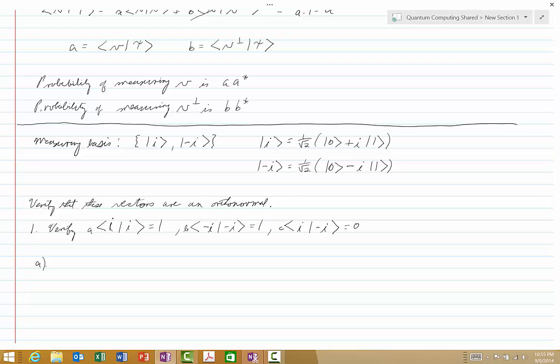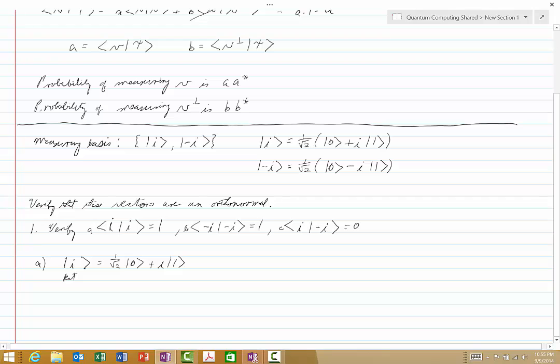Okay, the way that I want to talk about this is the following. Okay, I is equal to, as we've already written, 1 over square root of 2 times 0 plus I times 1. And remember, this is called a ket.